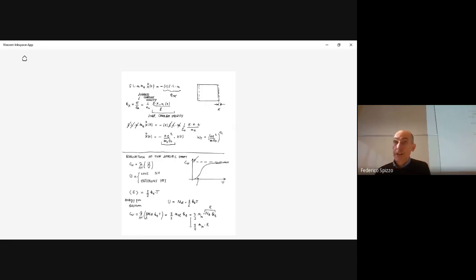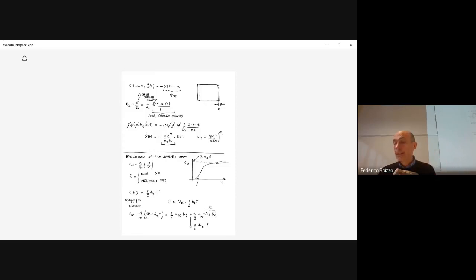The constant value here that was measured and determined experimentally is 3 times the molar density times the constant of gases. This constant value is known as the Dulong and Petit law.